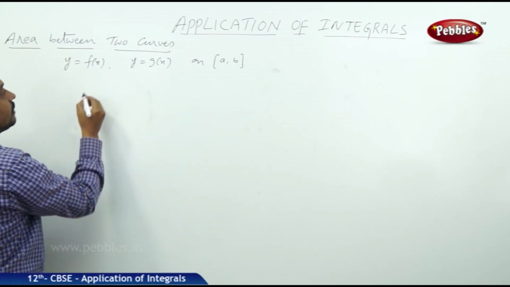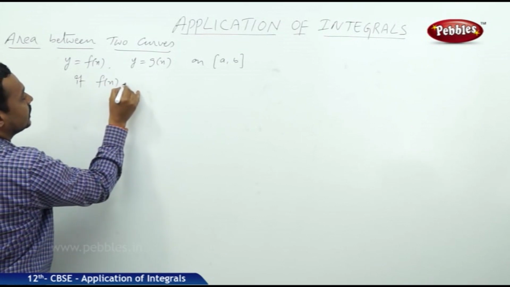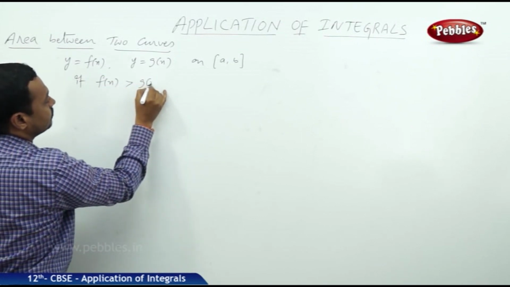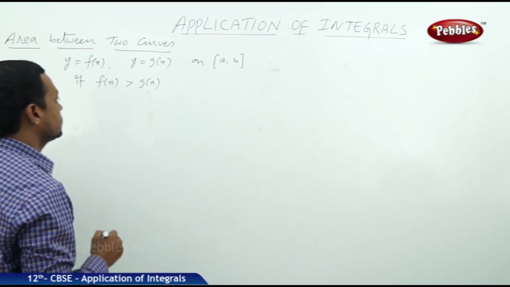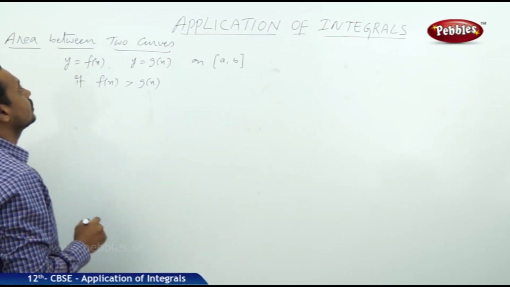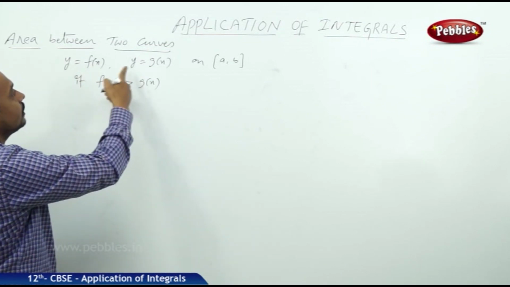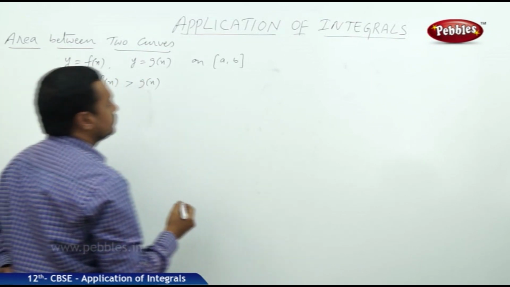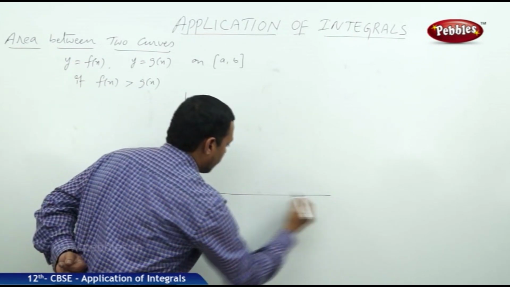But on that interval, suppose f of x is greater than g of x, then how to find the area formed by these two curves? Now here let us consider the two curves to be like this.